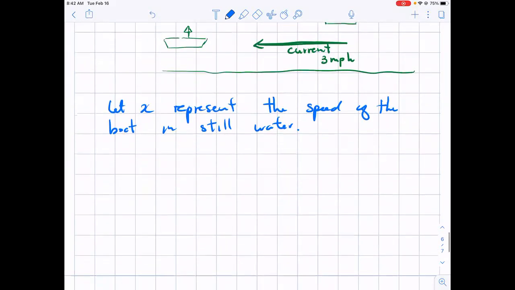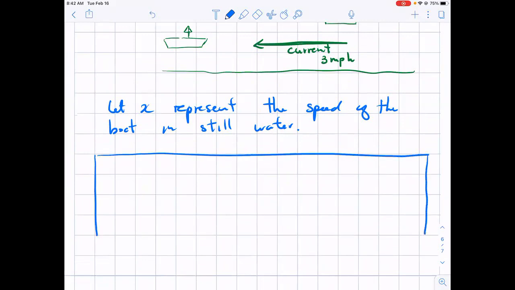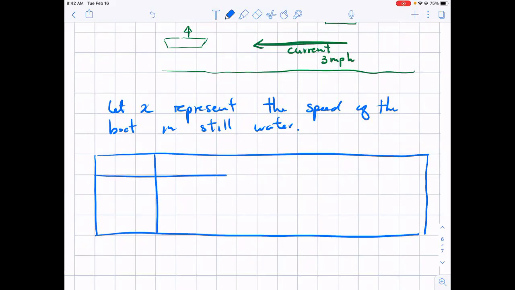So if we create a little table, similar to the one we did before, we're talking about the distance, we're talking about the rate, and then we can figure out the time. And once again, we're talking about upstream, and we're talking about downstream.